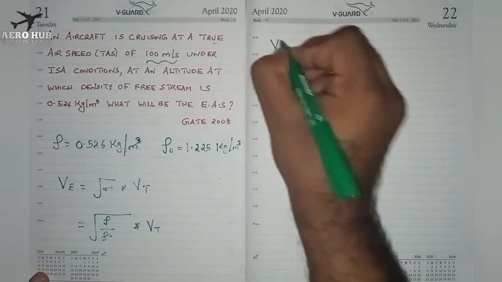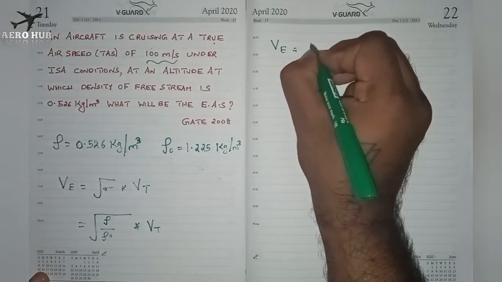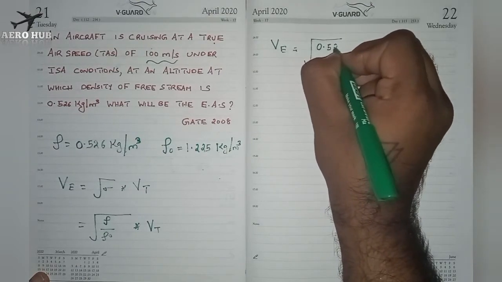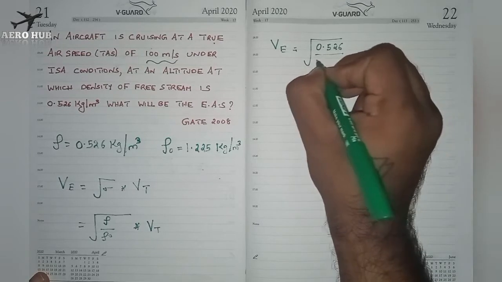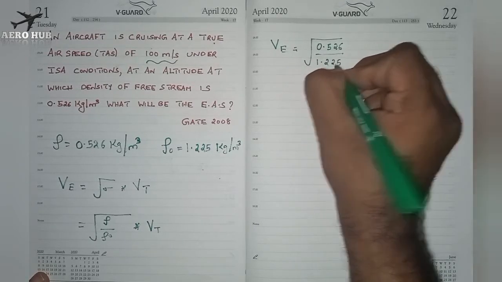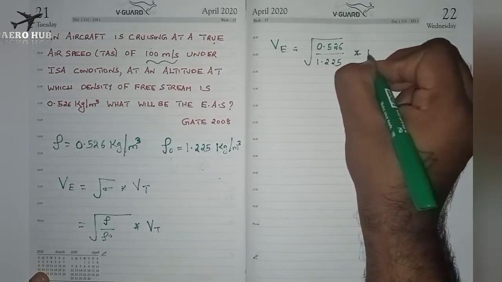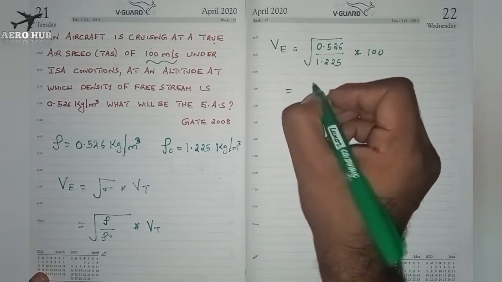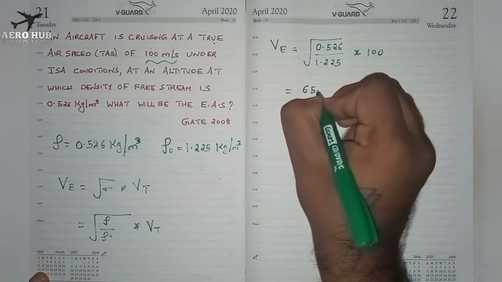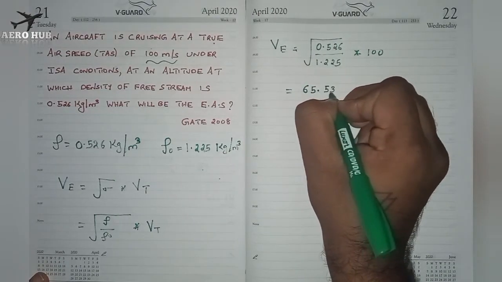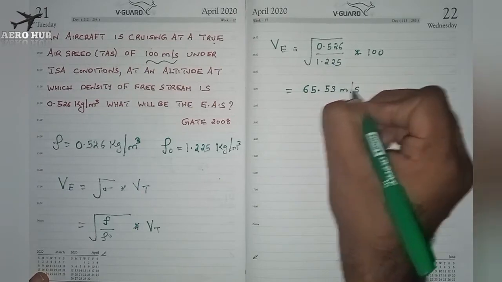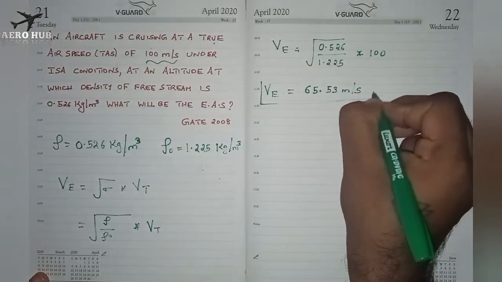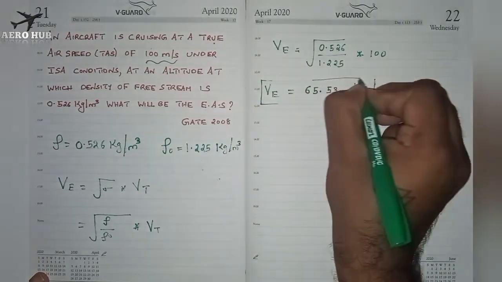So V equivalent will be equal to root of 0.526 divided by 1.225 into 100 meter per second, and you will get an answer of 65.53 meter per second.